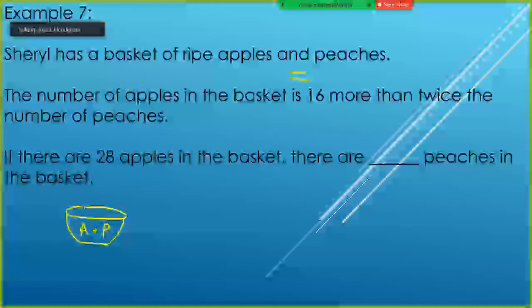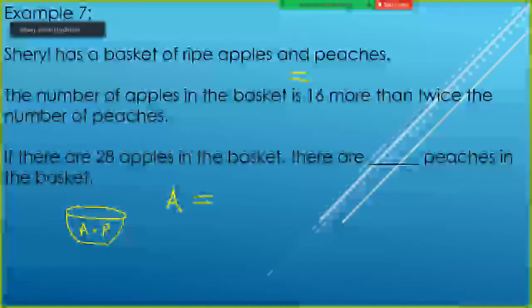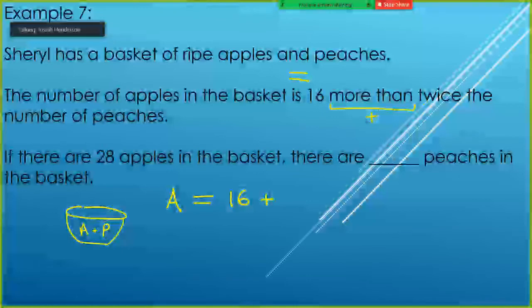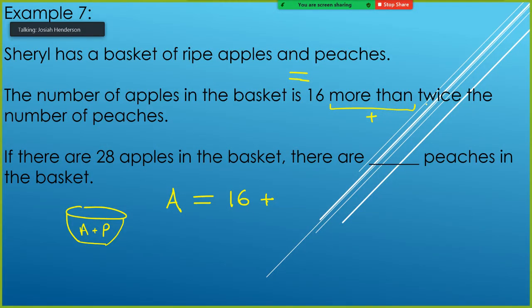So the number of apples in the basket, A, equals 16 more than, which means plus, bigger. A equals 16 plus. Then it says twice the number of peaches. So how do I write twice peaches with math symbols? It's 2 times peaches. 2p for peaches.